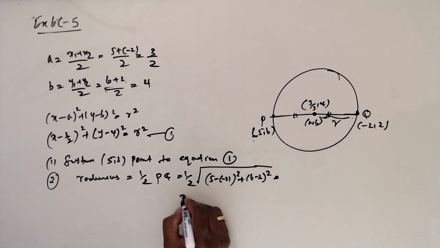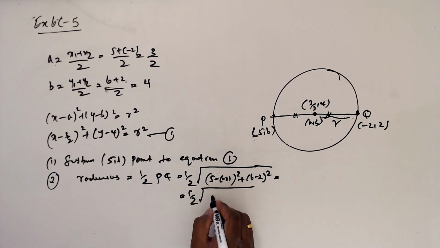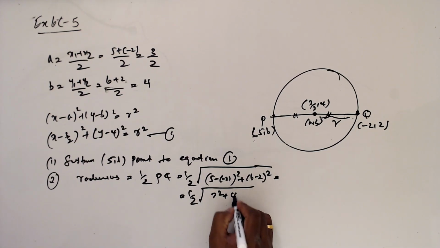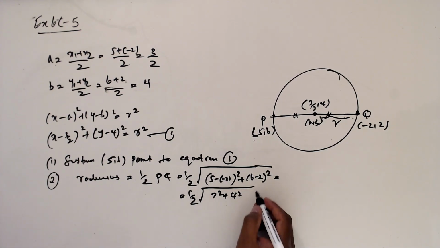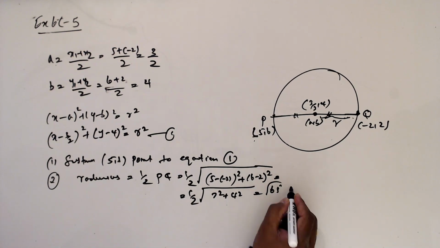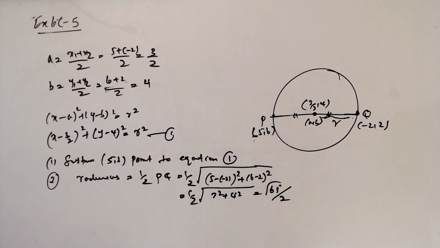So this is going to be half times square root of 7 square plus 4 square. So 16 plus 49, 65. So square root 65 over 2. So this is going to be r.